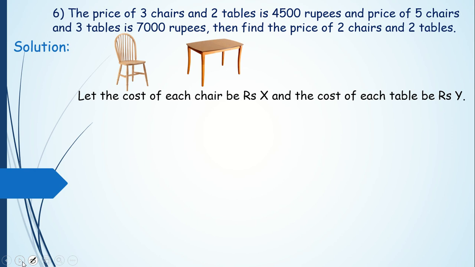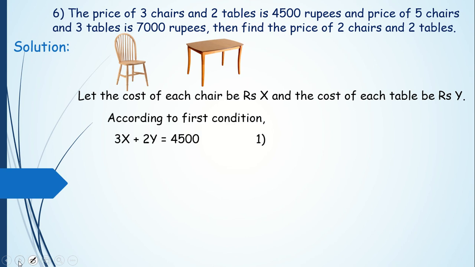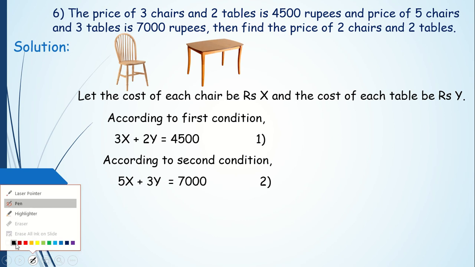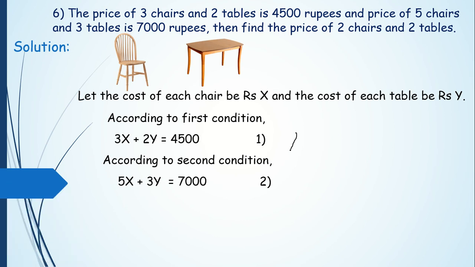So let's see, the cost of 1 chair be x and the cost of 1 table be y. Therefore, according to the first condition, we get this. Second condition, we get this. Now what we have to do is multiply equation number 1 by 3 and equation number 2 by 2.